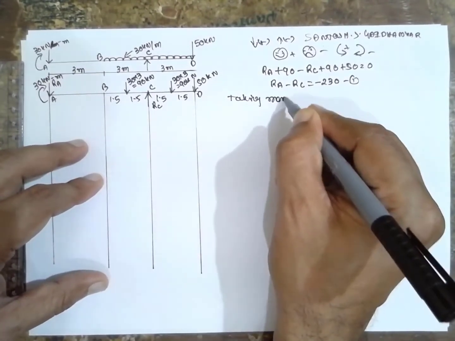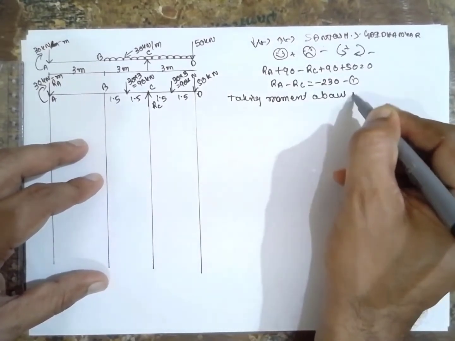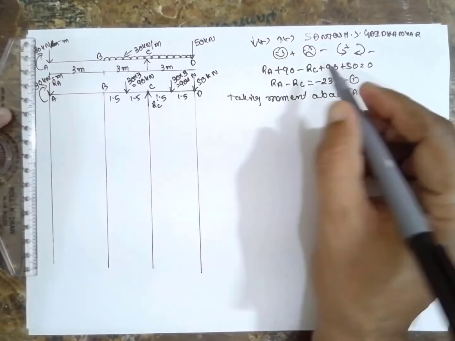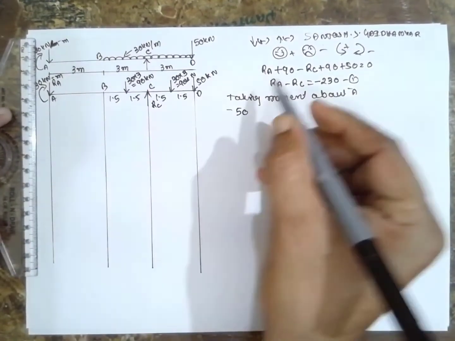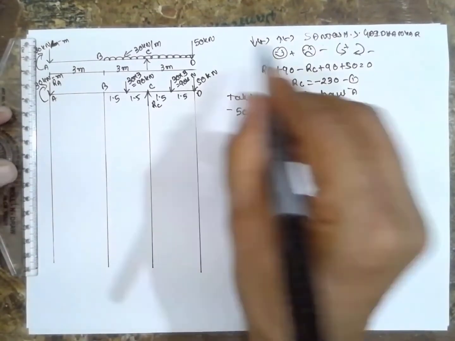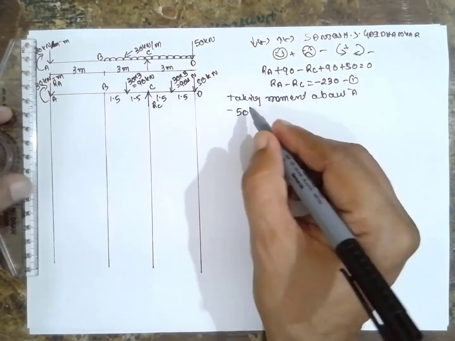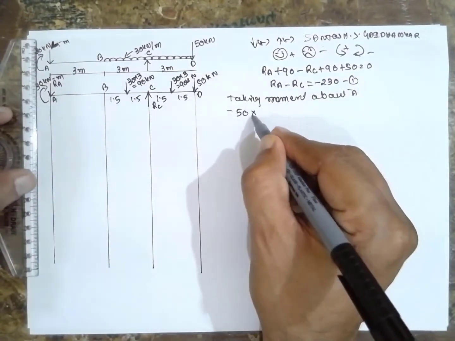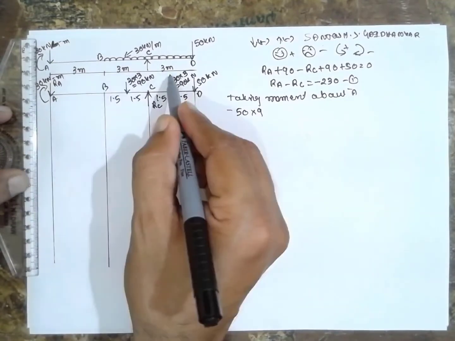Now taking moment about A. Now with the couple you have to consider the moment here. The first 50, minus 50, because it is the sad face, clockwise, minus 50 into distance will be 9, 3 plus 3 plus 3, 9.